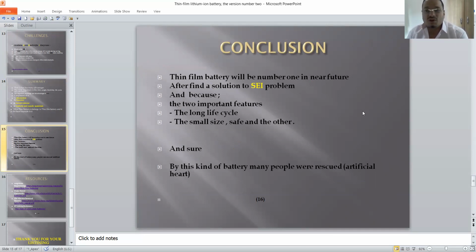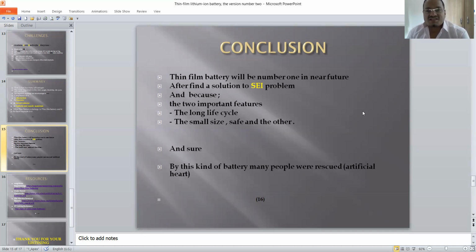No way, no one can say another thing. And because of the two important features, the long cycle life and the small size, safe and others. Here, sure, many people will benefit from this kind of battery. Let's talk about this note.